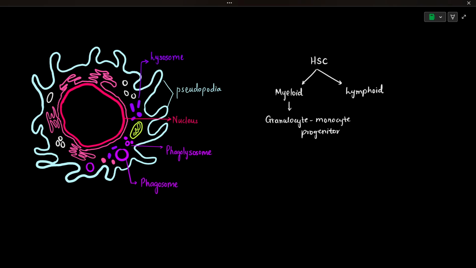This granulocyte monocyte progenitor gives rise to the granulocyte neutrophils, and it also gives rise to the monocytes. Monocytes further develop into macrophages, or they can develop into dendritic cells, okay? Depending upon the conditions, they can either develop into macrophages or into dendritic cells, right?